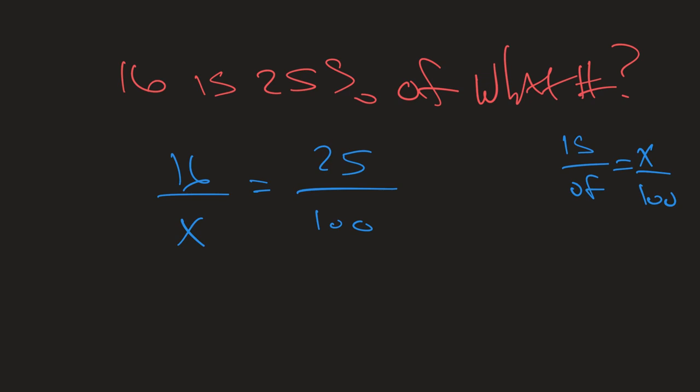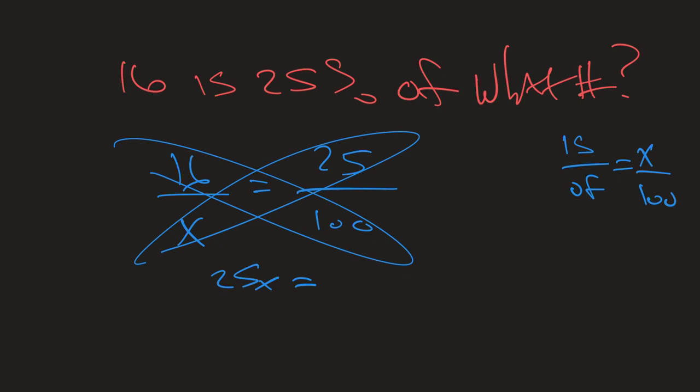Okay? But there would be a lot of students that would use 25 for the is. They're like, well, it comes after the is, but it's got a percentage on it. Put that number over the 100. Start with the percentage, guys. There's a few good reasons to do that. Here we go. 25 times X. 25X equals 16 times 100. 16 hundo.